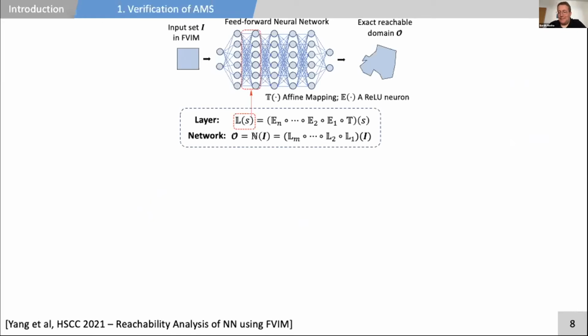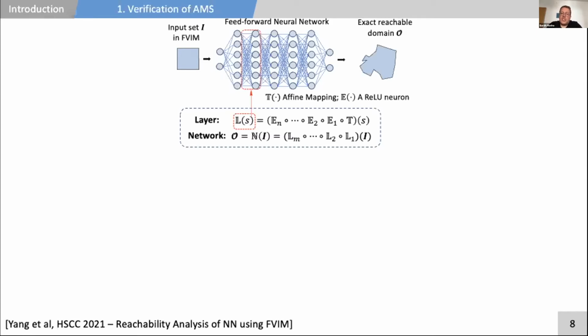So I might repeat a bunch of it, but essentially the problem is that you have several layers, and you apply several operations such as affine mapping or the operation on the neuron itself. In this case, we're looking at ReLU neurons. So you have these two different linearities. And then for each layer, you compose these. For each neuron, you apply these transformations, and then you do the affine mapping.